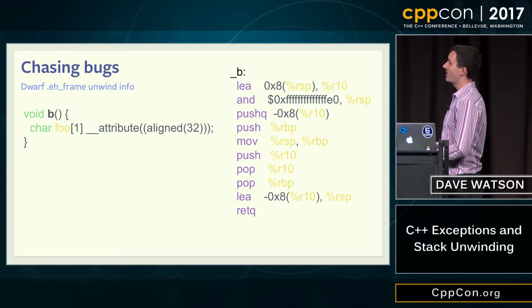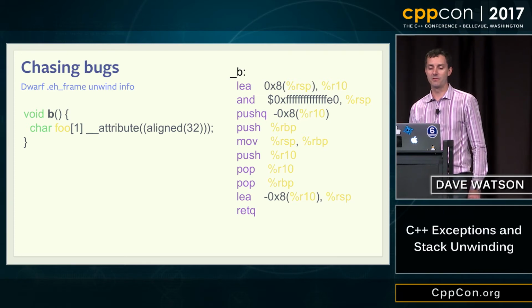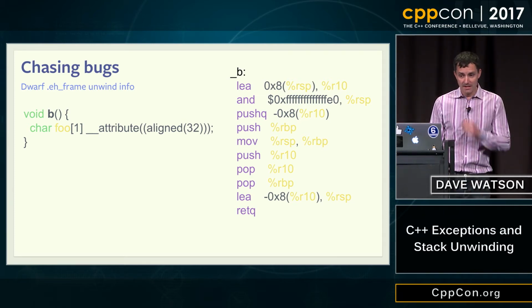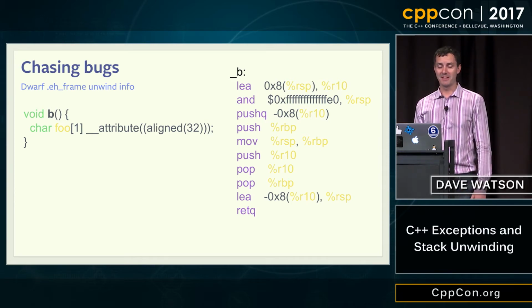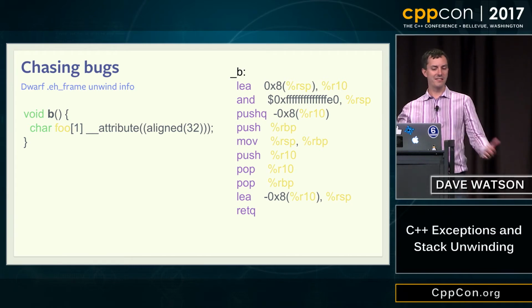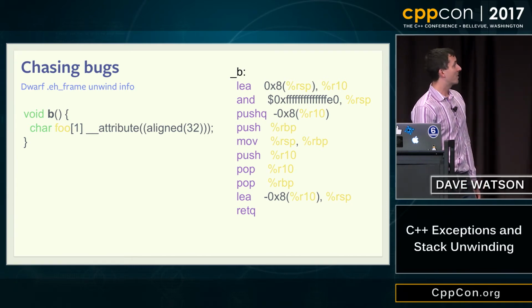Then we do a standard function prologue, push RBP, and then move the current stack pointer into the frame pointer. Then it decides to push and pop R10 for whatever reason, and then finally it does a standard function epilogue of popping the frame pointer, and then again it takes the address of something and stores it in the stack pointer. So kind of crazy.